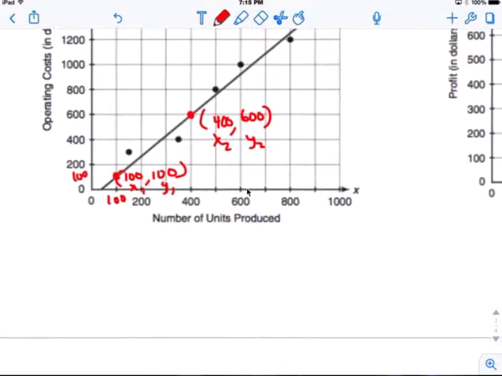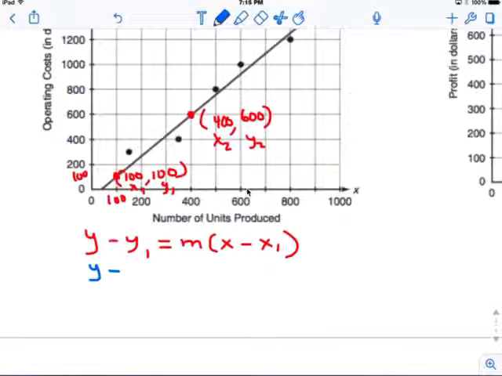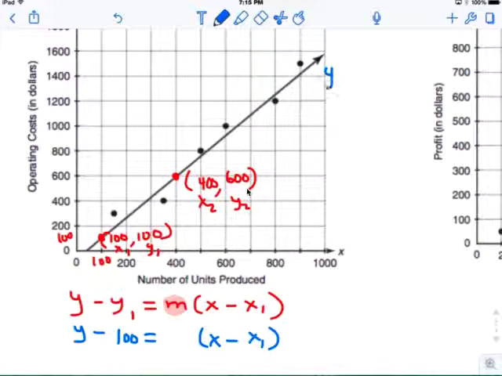Point slope. Y minus y sub 1 equals m times x minus x sub 1, because there's no y-intercept. You cannot use slope-intercept form. So y minus y sub 1, 100, equals m, we don't know yet, x minus x sub 1. We can find m, which is the rate of change: y sub 2 minus y sub 1 over x sub 2 minus x sub 1.